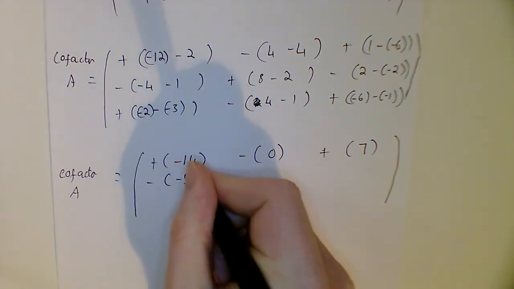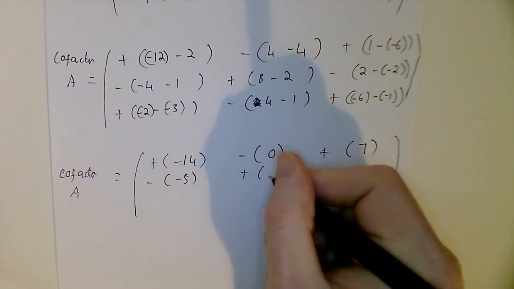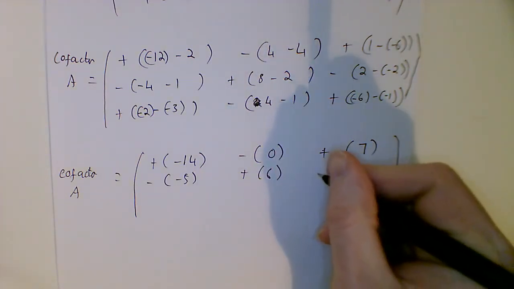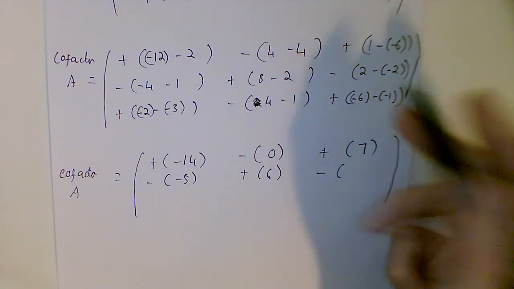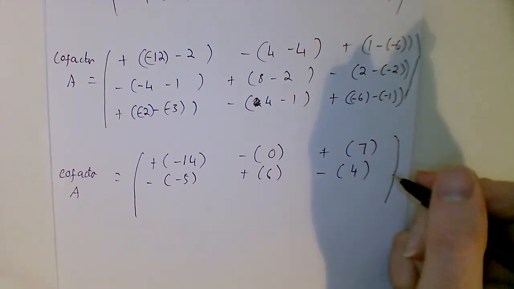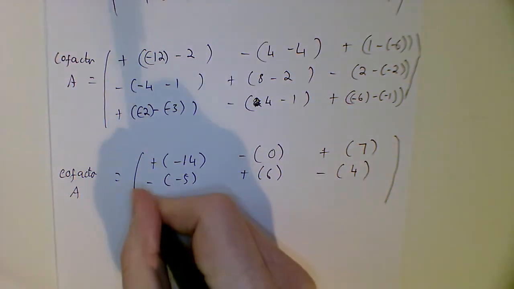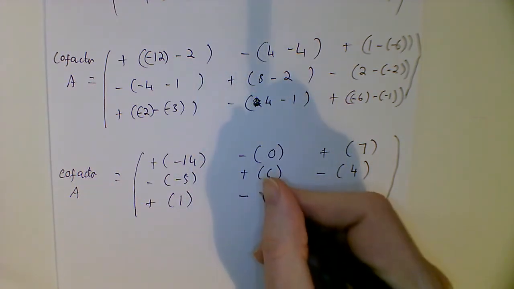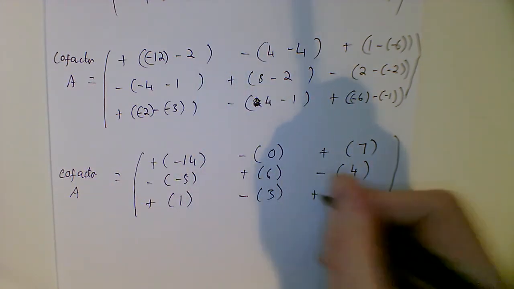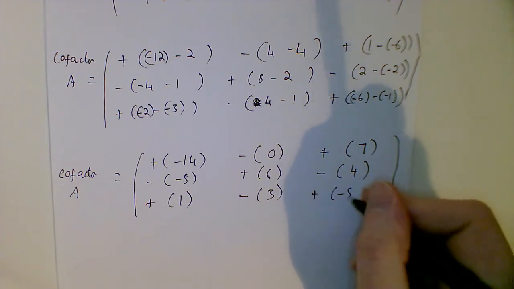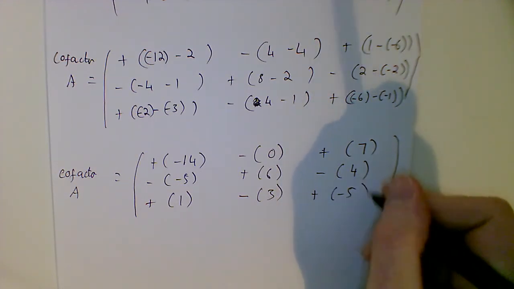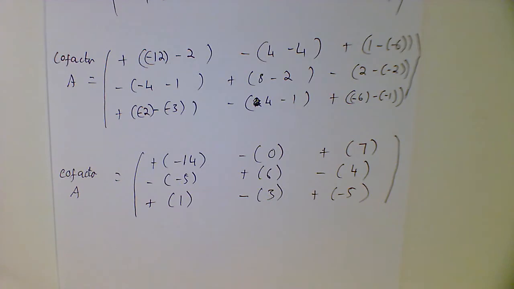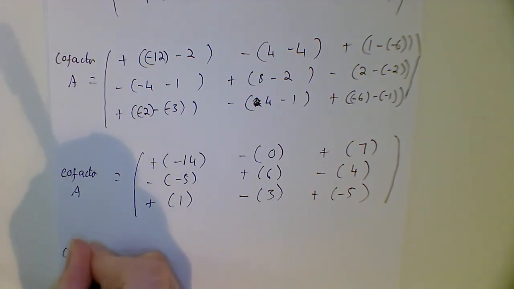Negative 5 plus 6. 4 plus 1, subtract 3 plus negative 5. Okay, so I've just calculated those elements, and then lastly I'm just going to make my final matrix.